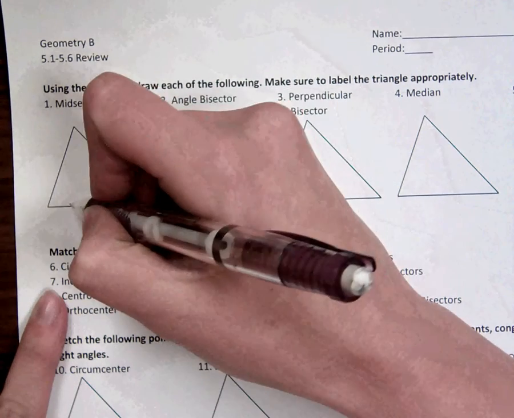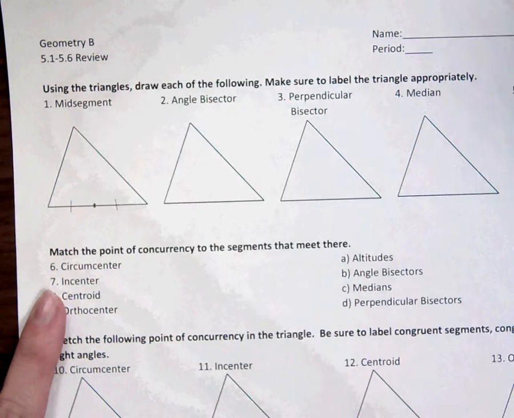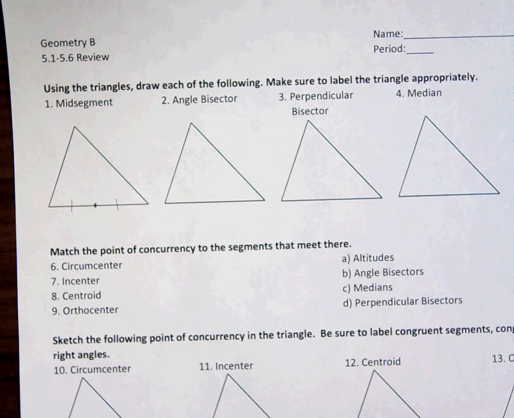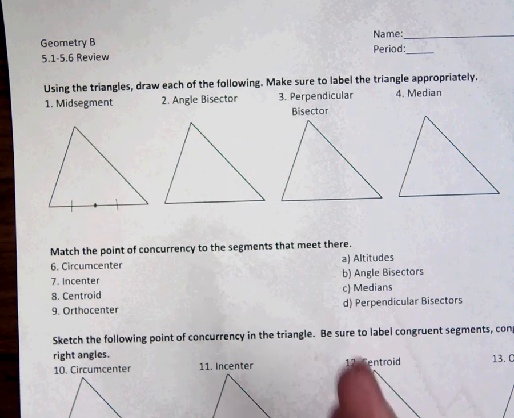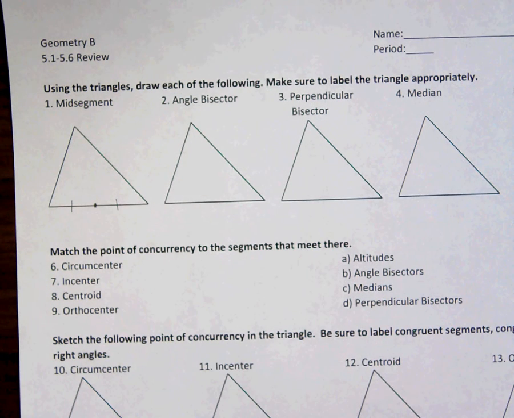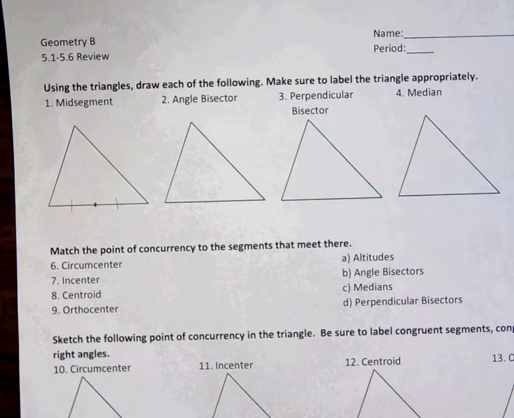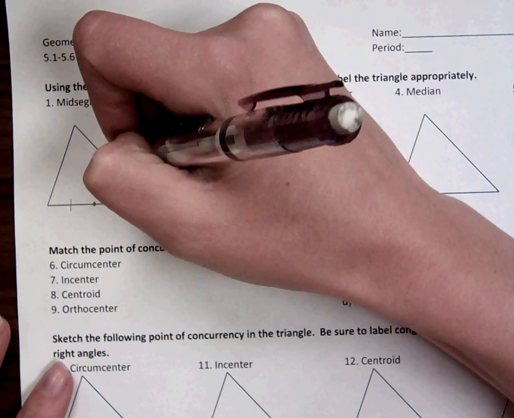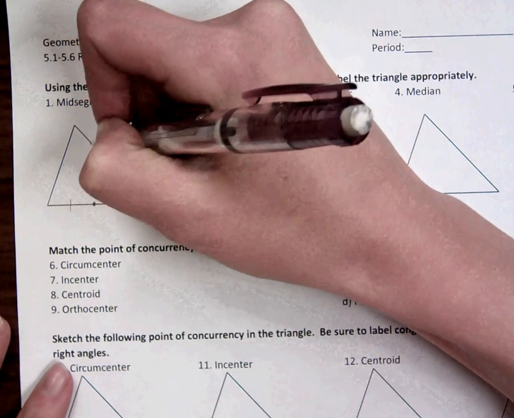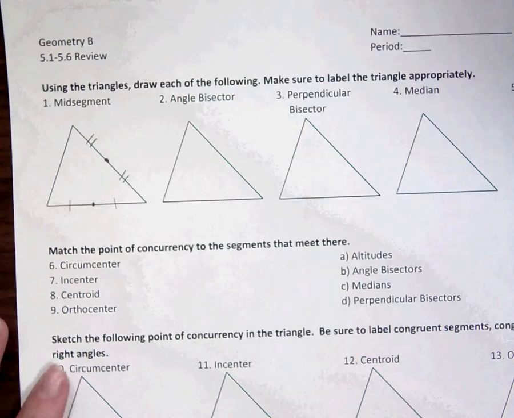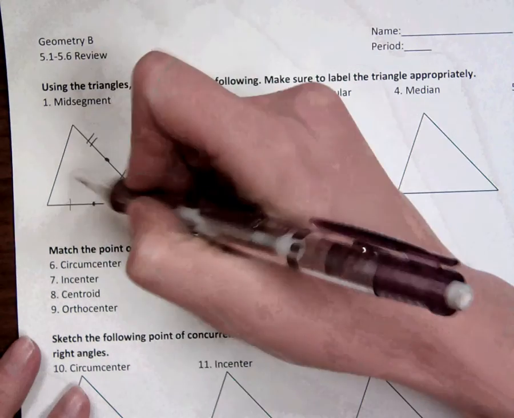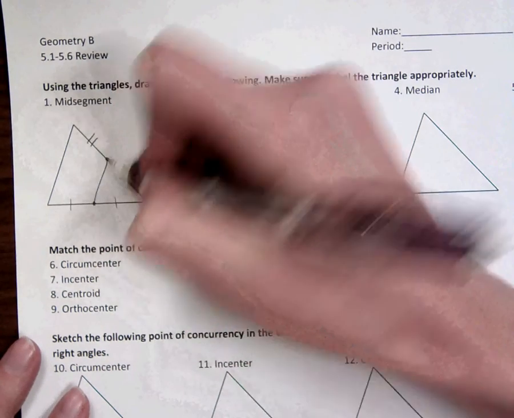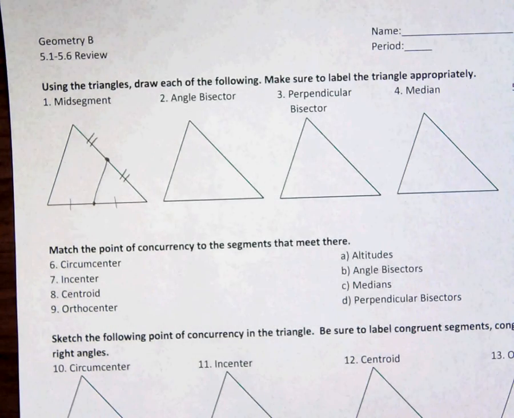And how I could show that is by saying the two segments that it bisects, or that it's the middle of, are congruent. I need to pick one of the other sides too, so maybe I'll pick this one up here. I'd say the middle is about here. Again, I can show this by showing the two pieces are congruent. And then when I connect that, that's a midsegment, just a single one.